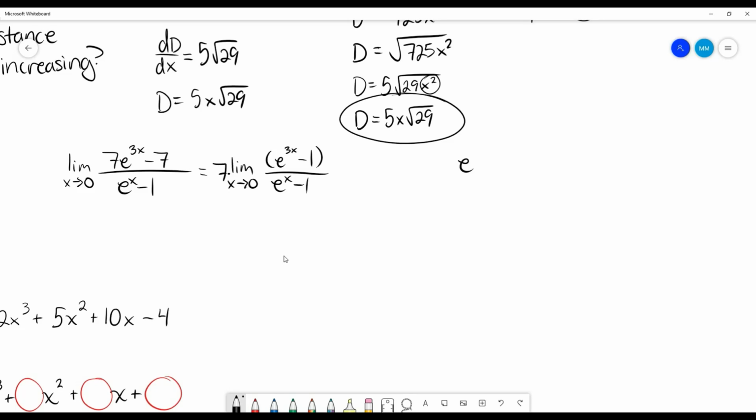And so we can factor that out, right? So I'm going to factor it out. It's going to be an e to the x, right? Because it's that cube there. So it's an e to the x minus 1 times e to the 2x plus e to the x plus 1.